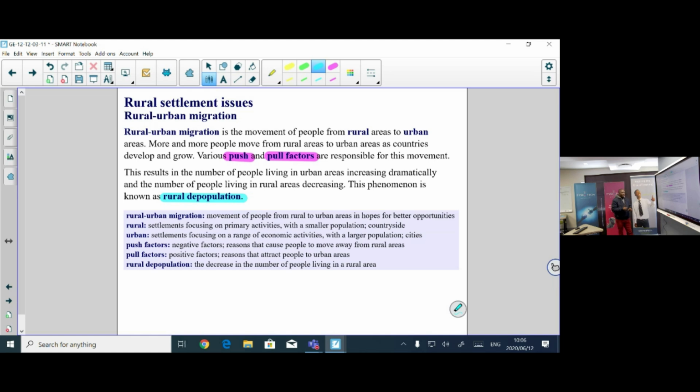So they are negative factors that give the reasons for people to move from one area to another. Then the pull factors, these are positive factors. For instance, better education, better healthcare facilities that actually attract people to the urban areas. So these act as the magnet to the urban areas. Then the rural depopulation, it is the decrease in the number of people living in the rural areas.